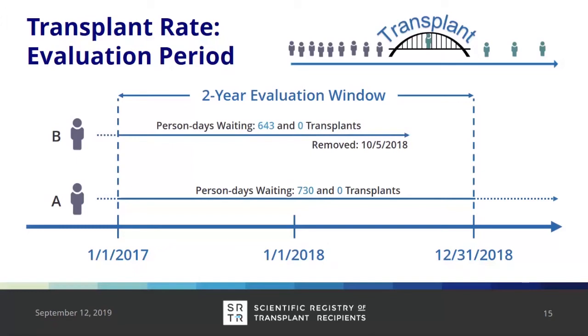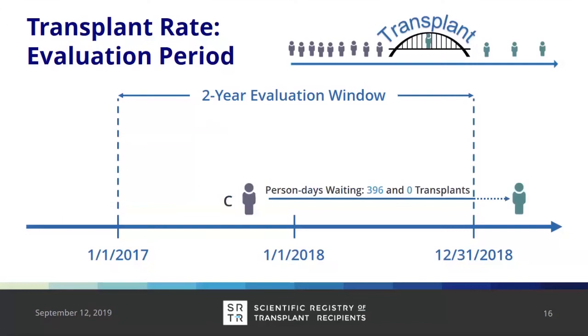And so this person is only going to contribute observation time, in other words, time at risk for being transplanted, for 643 days rather than the full 730 days. So this person was alive and at risk, if you will, of being transplanted and contributed 0 transplants because the person was not transplanted, the person was removed from the wait list, okay? So we'll keep those 2 patients in mind, and I'll go through 2 more examples as well.